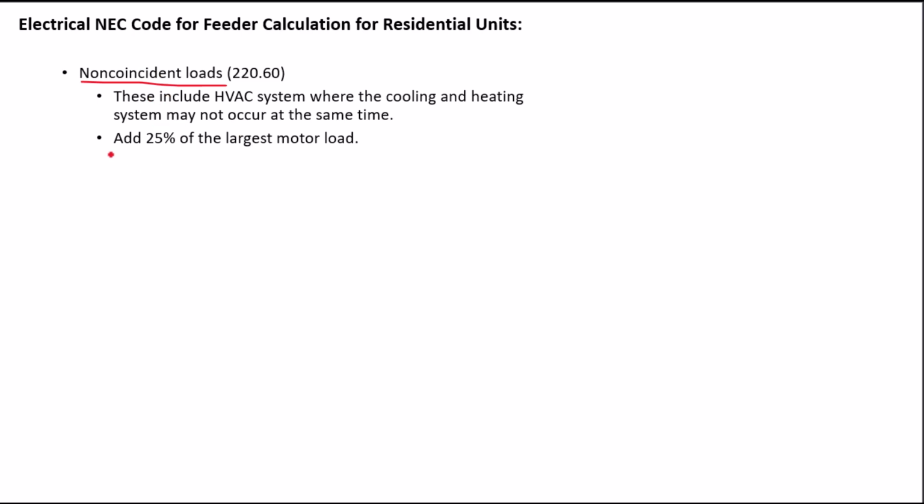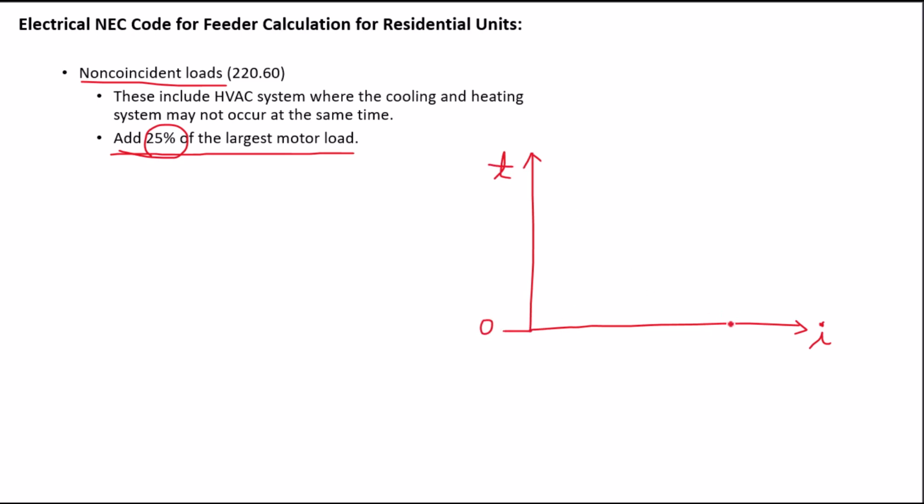And after that, you would have to add 25% of the largest motor load. The reason for that 25% increase of the largest motor load is because when a motor starts, the current is higher at the beginning than when it runs at steady state. So if this is the x-axis, I'm going to put the current on that x-axis and time on the y-axis. When the motor starts at time 0, the current is going to be a lot higher, and then it goes like this.